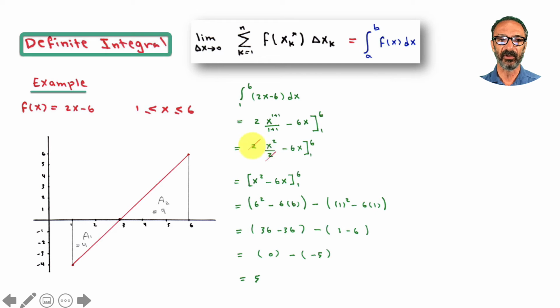And x to the second, because there is no 2 anymore, the derivative of x to the second is 2x, as you could see. So that's the way we do it. I know we're not ready yet to use integration, but why not? It doesn't hurt. Do the math. Plug in 6 in this whole thing. Subtract, plug in 1 in this whole thing. Simplify your numbers and you get 5.